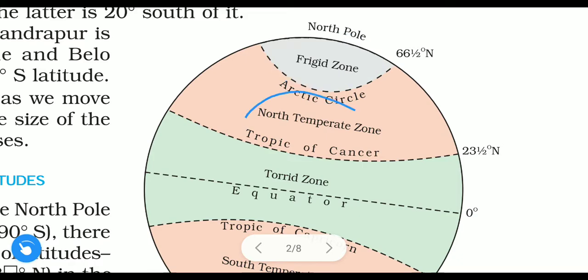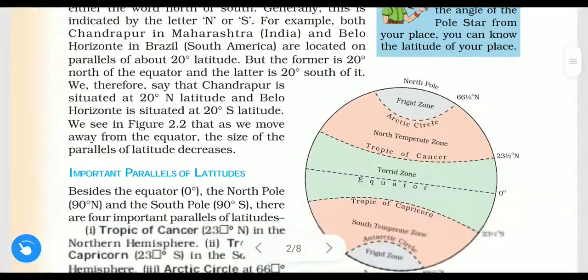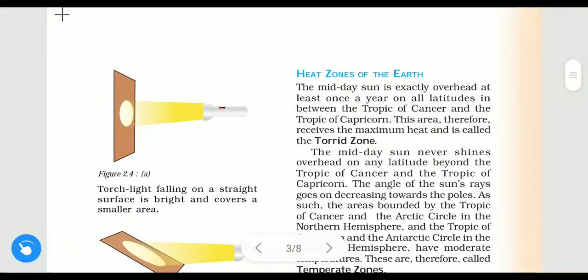Here the temperature is moderate, here it is very cold, and here there is extreme heat or maximum temperature. So torrid zone, temperate zone, and frigid zone. Similarly here also. These are the three kinds of zones we have learned.